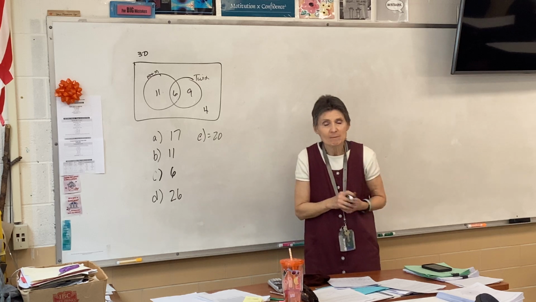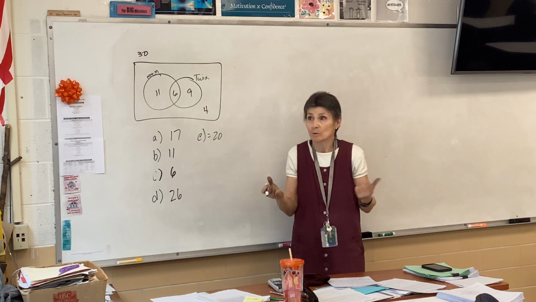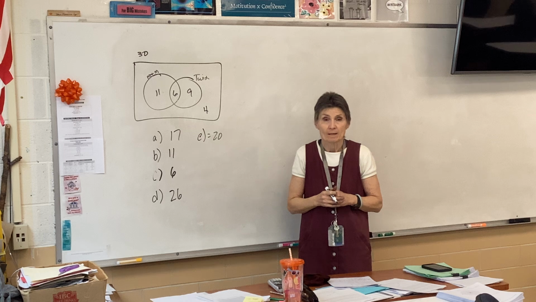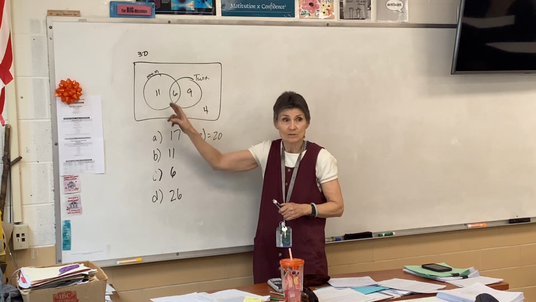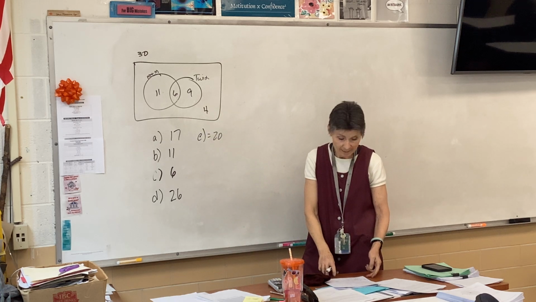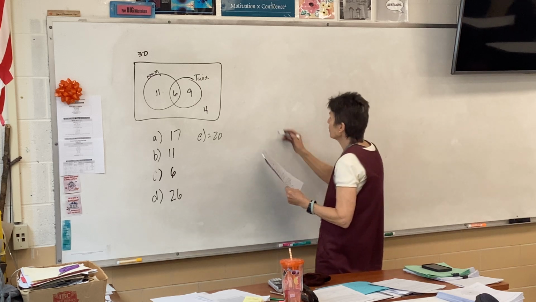They're not in the M&M circle. They're not in the Twix circle. But remember, they're in the classroom. I got 30 kids in my box. I've got 26 in the balls. So there have to be 4 outside that don't like anything.